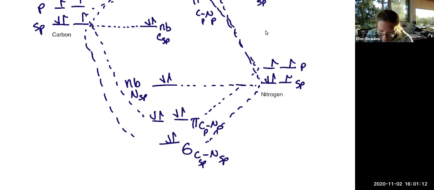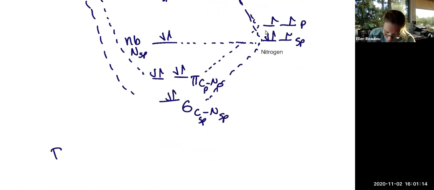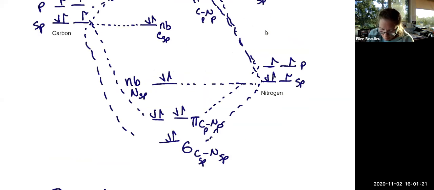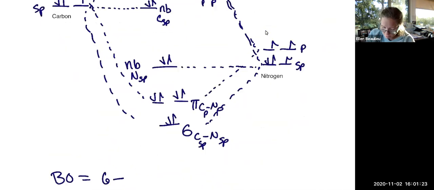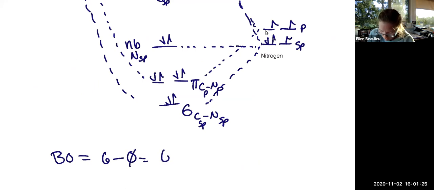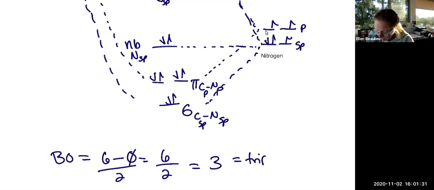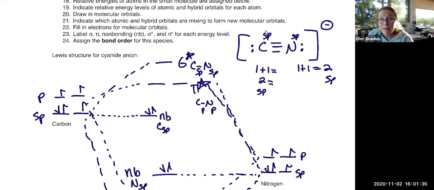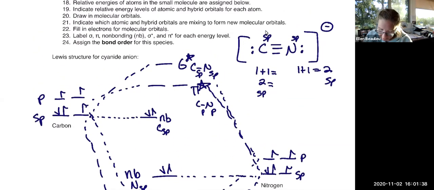Bond order, we calculate by the number of electrons in bonding orbitals, 2, 4, 6, minus the number of electrons in anti-bonding orbitals, 0, equals 6 over 2, which equals 3, which means triple bond, which is exactly what we see in the picture, a triple bond. So that corresponds to the bond order we would predict from our MO diagram.